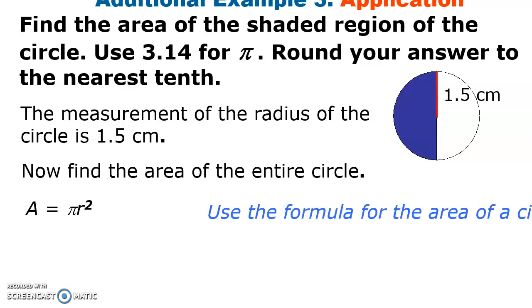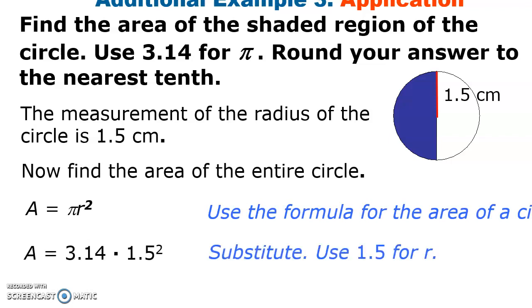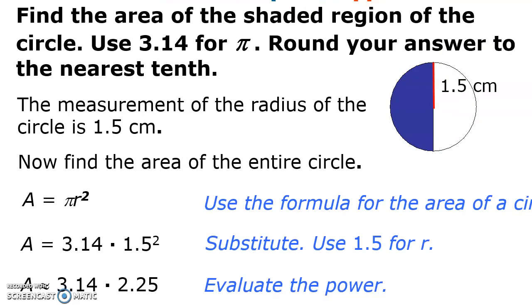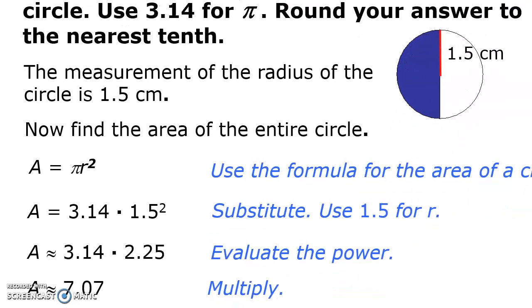Okay, so I'm going to start off as I always do. I'm going to find the area by using the formula, pi r squared. I'm going to plug and chug, and I'm going to get 7.07. Now that is for the entire circle. We want to find just this blue part, which is half of the circle.